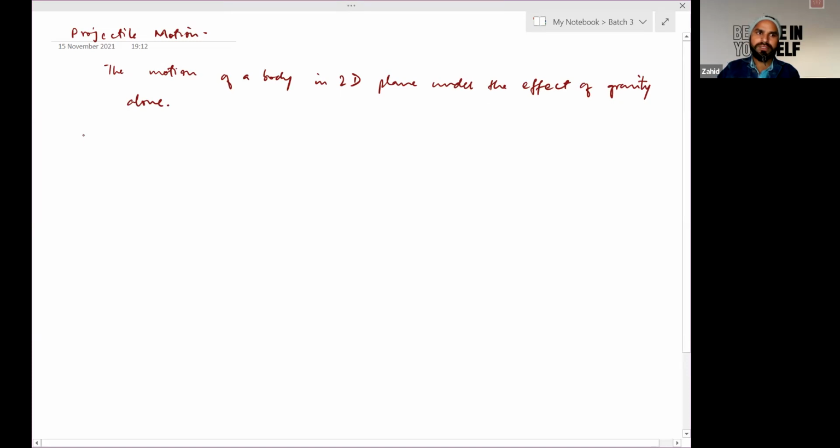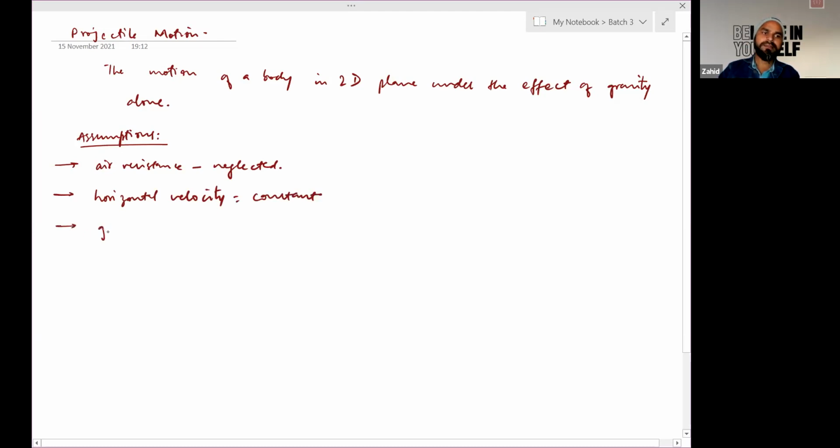Now we may assume certain limitations, or there are some assumptions related to this. First is air resistance is neglected. So horizontal velocity will always be constant.